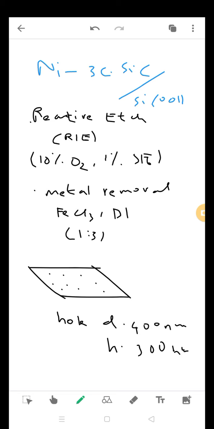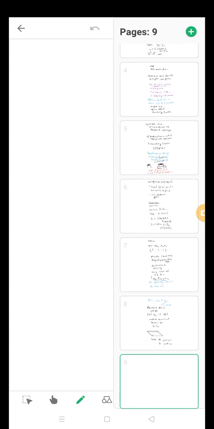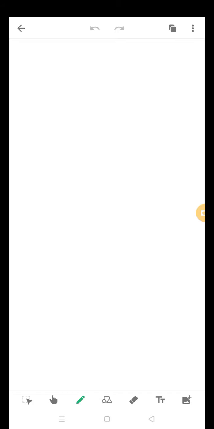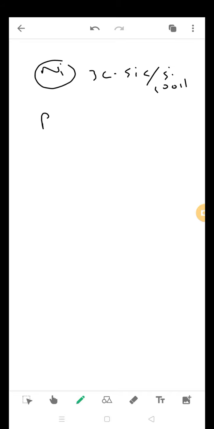Now, apart from this technique, electron beam lithography can also be used. After the nickel metal has been deposited on 3C-SiC on Si 001, plasma etching can take place using an argon or oxygen atmosphere.